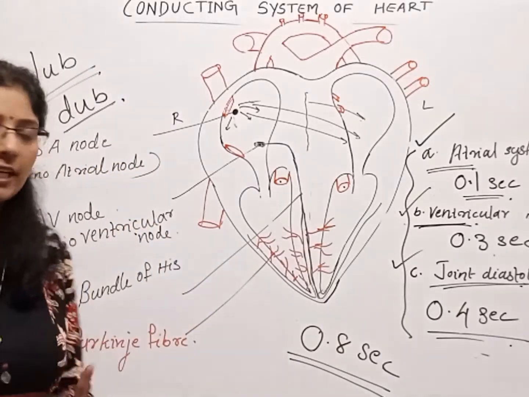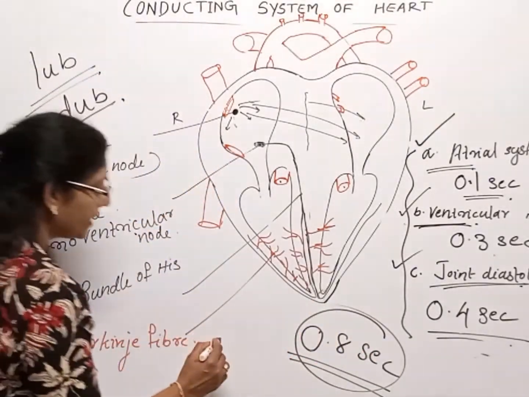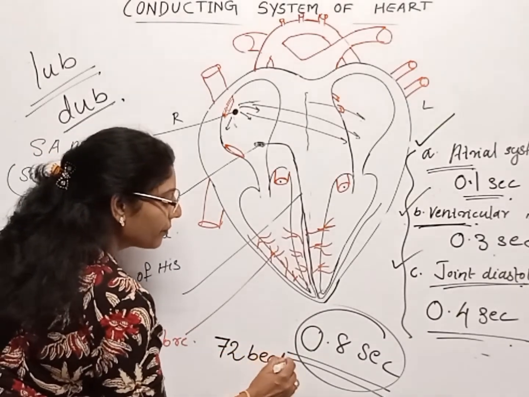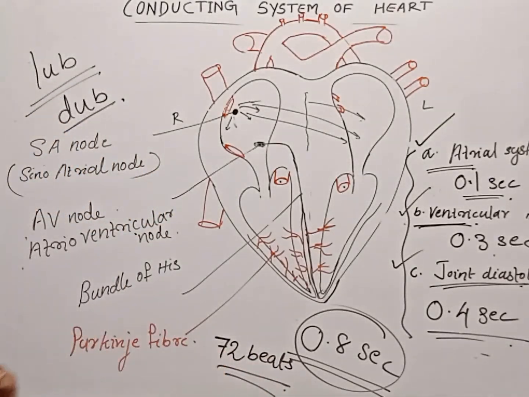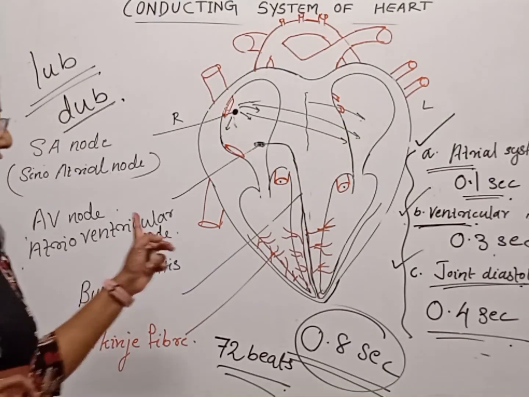So in 1 minute, how many heartbeats will be there? Near about 72 beats, or near about 72 cardiac cycles will take place in 1 minute. Okay, understood this one?